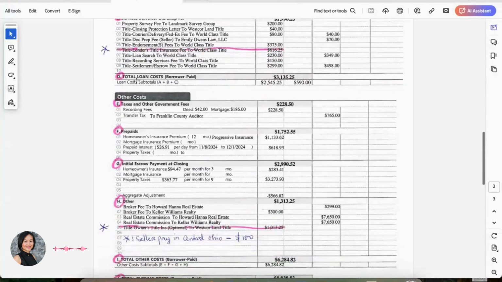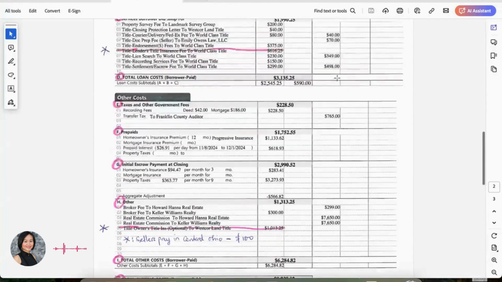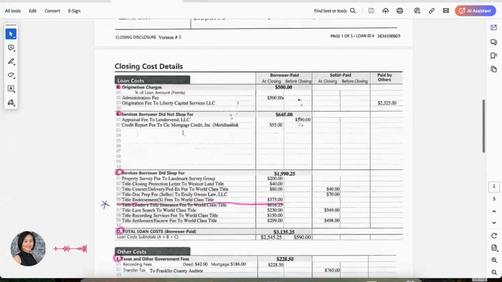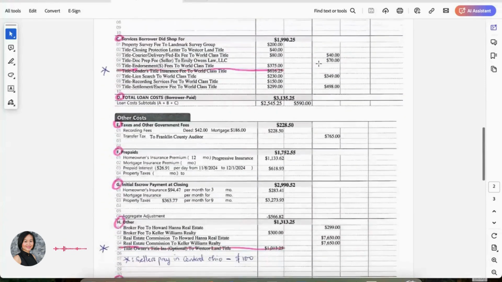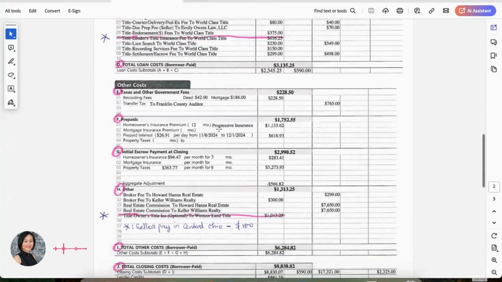Okay. So we have the total cost, ABC, you have that amount there, and then you have other costs. Remember we talked about the transfer tax paid by the seller? It is here, paid by the seller. You see seller paid. So here it is to confirm again that the seller paid for that, which is a good thing for you as a buyer.